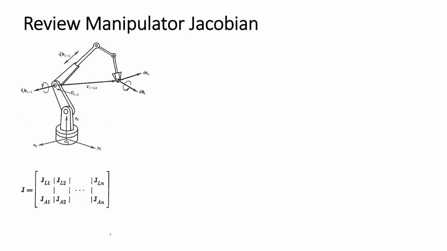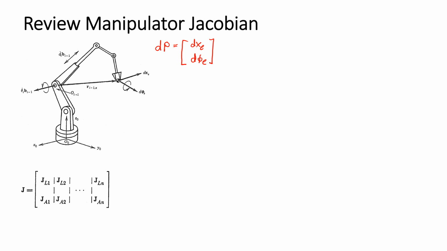So to review how to compose the Jacobian matrix, we begin with the infinitesimal motion at the endpoint. The differential of the endpoint position consists of the small displacement of the end effector and the small orientation change at the end effector.